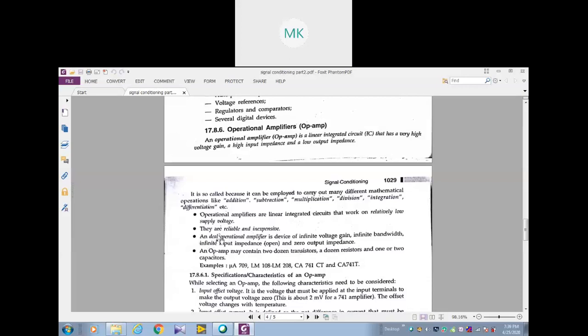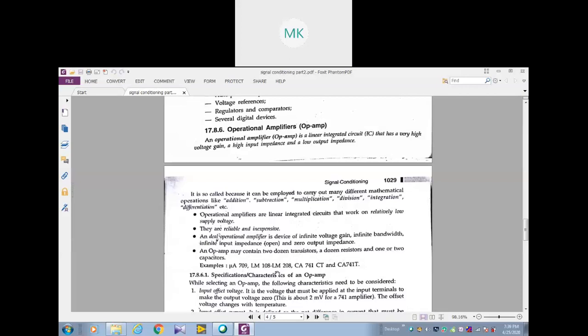An ideal operational amplifier is a device of infinite voltage gain, infinite bandwidth, infinite input impedance, and zero output impedance. These are the characteristics of the ideal op amp. An op amp may contain two dozen transistors, a dozen resistors, and one or two capacitors.